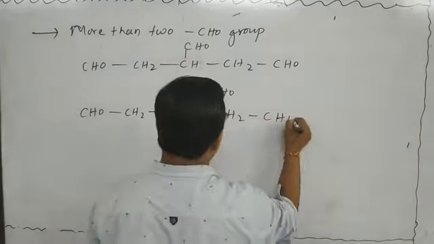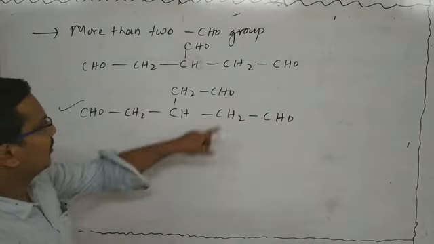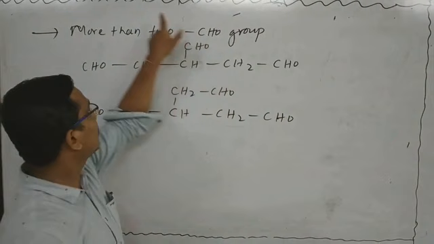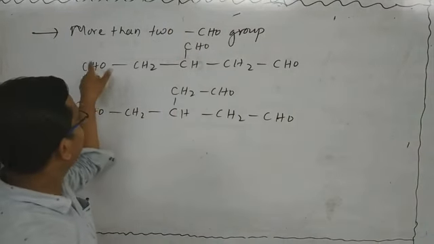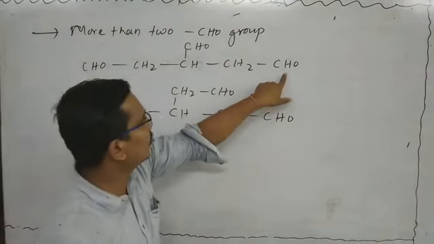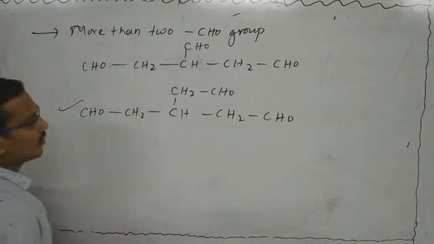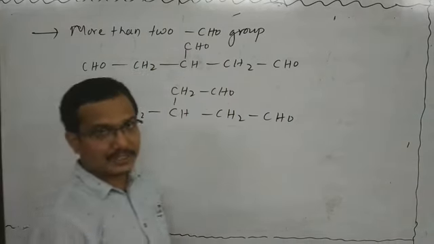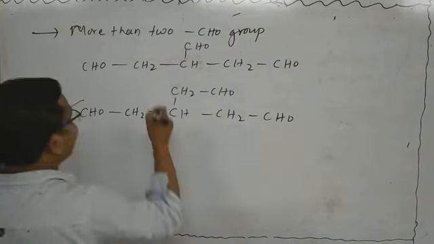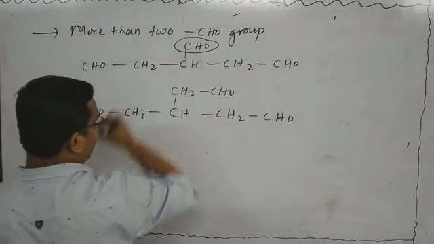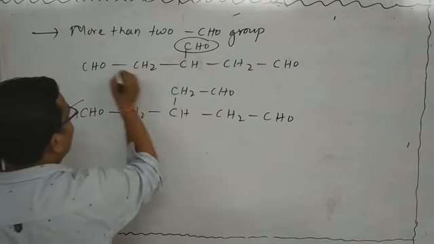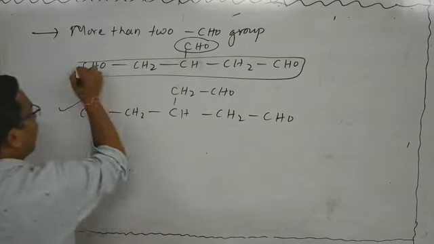The second example also contains 3 CHO, which is more than 2 CHO: 1, 2, 3 CHO. But there is a difference. In the first case, the CHO is directly attached to the long chain carbon.